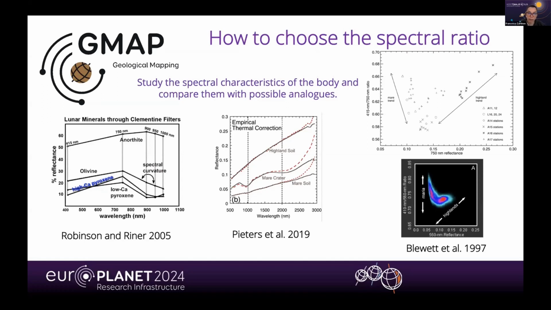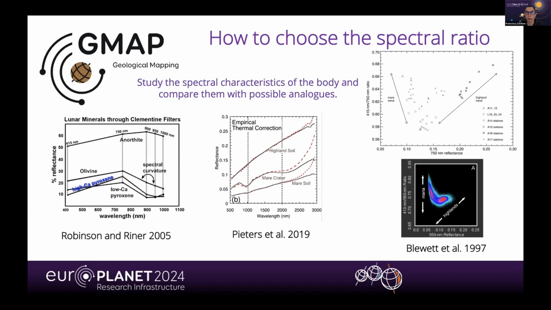When we say spectrally redder, we mean that reflectance increases with increasing wavelength. When we say spectrally bluer, we mean the opposite, that reflectance decreases with increasing wavelength. So you will often hear this definition in the next days when you speak about spectral data.